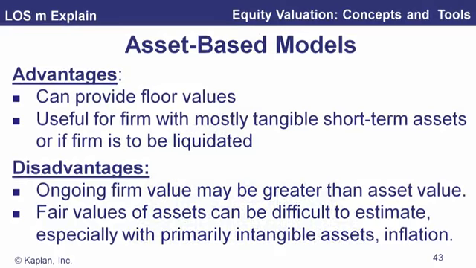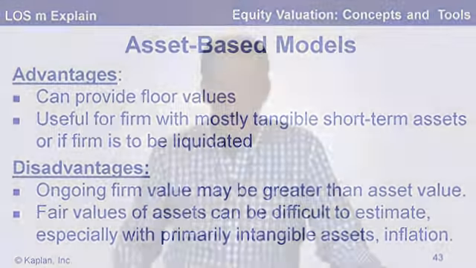Asset-based models can provide floor values, useful for a firm with mostly tangible short-term assets, or if it's to be liquidated. I mentioned that it makes sense for a firm that's to be liquidated. What kind of firms have mostly tangible short-term assets? Well, financial firms. Financial firms have their assets typically short term.